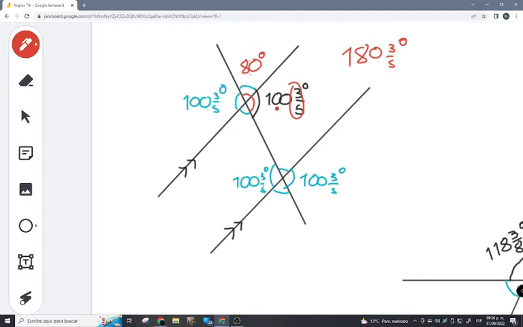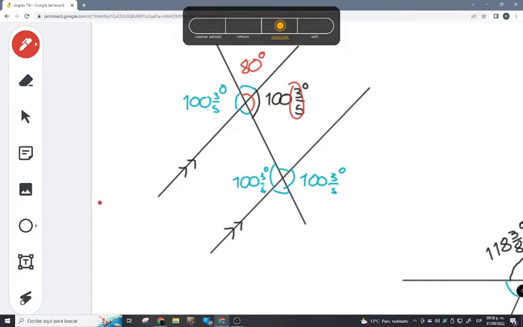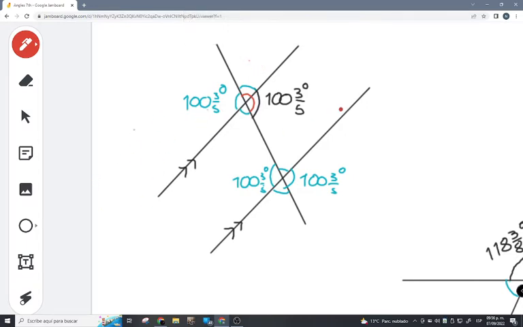So the solution for that is the next one. Let me erase all of this. The first thing that you have to think about is to focus on this fraction. We have 3/5. Let's draw it, something like that.